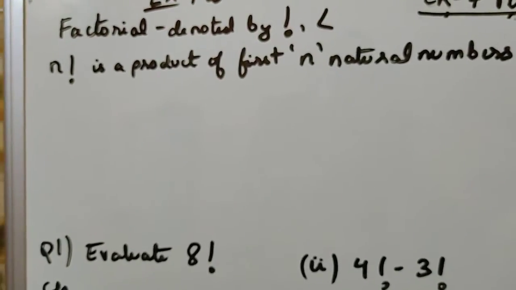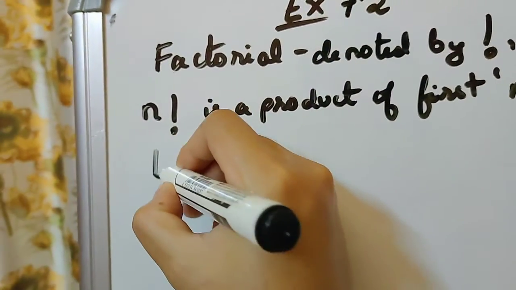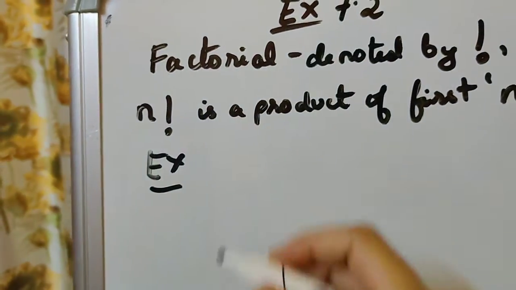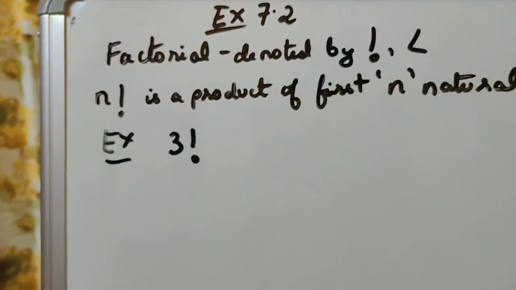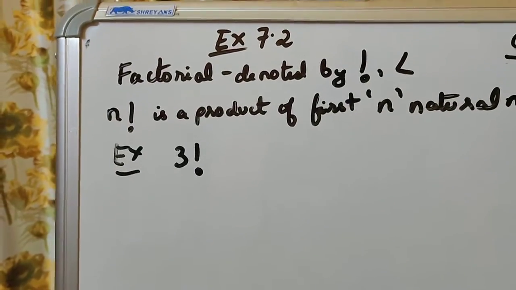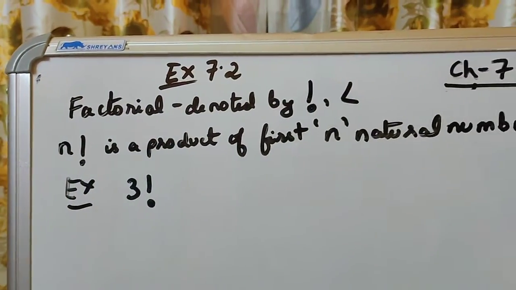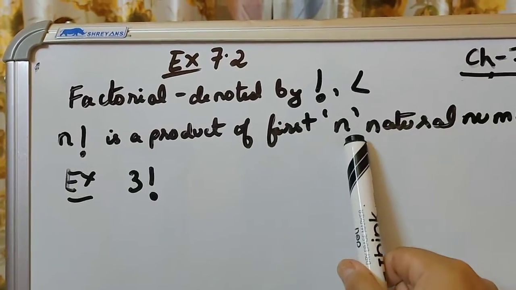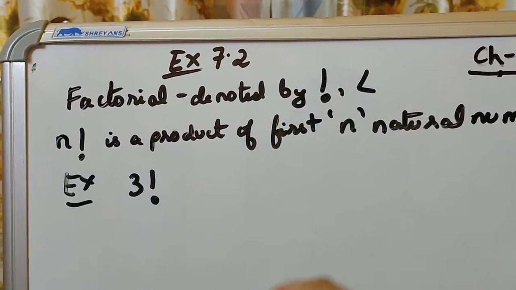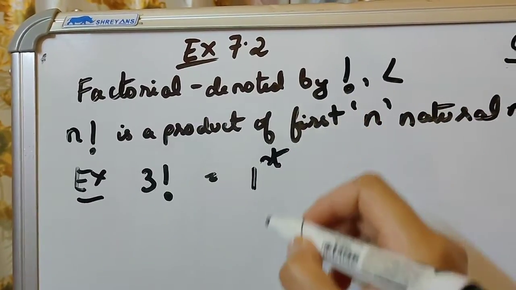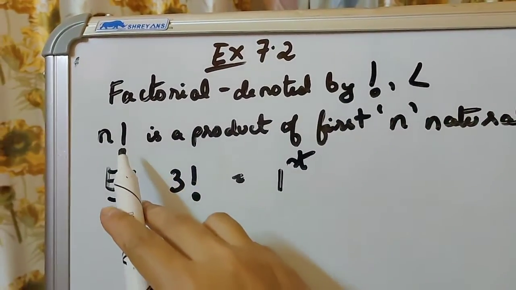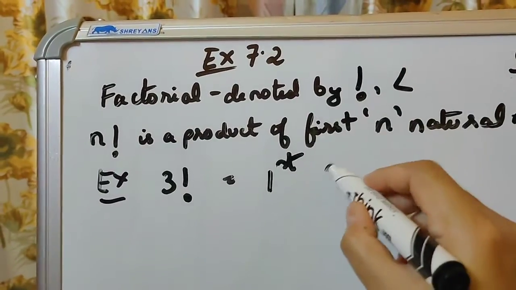I will give you an example. Say 3 factorial. Evaluate 3 factorial. According to the definition, it is a product of the first n natural numbers. That means we have to find the product of the first n. This is your n, no? Here it is 3.